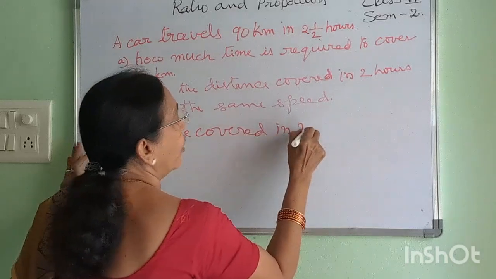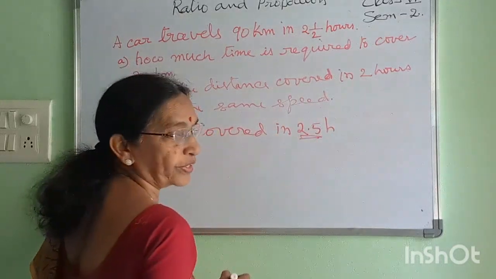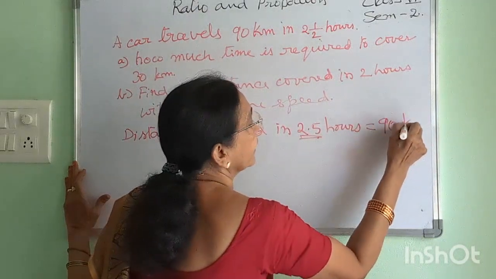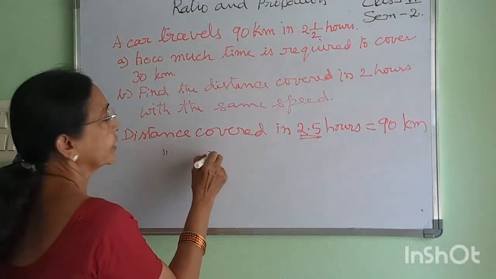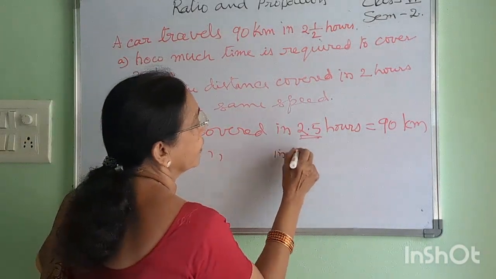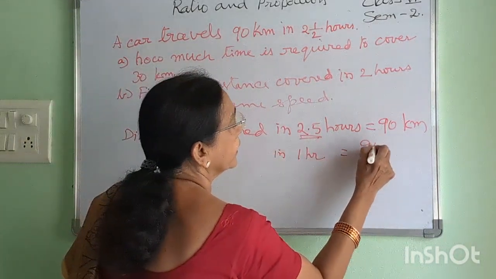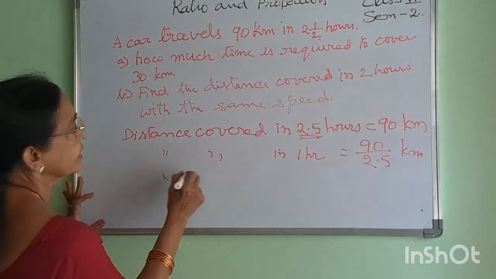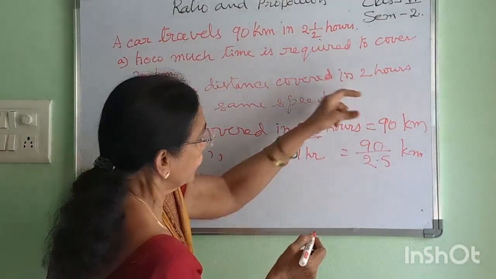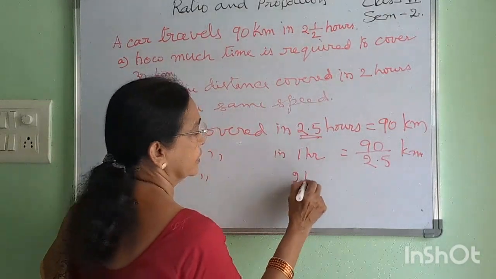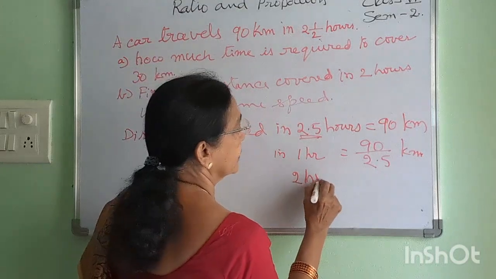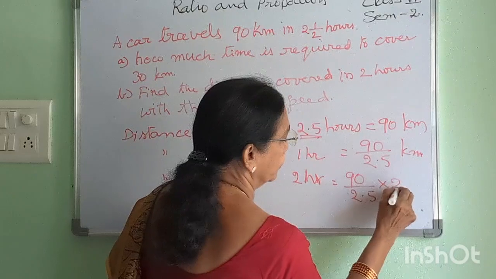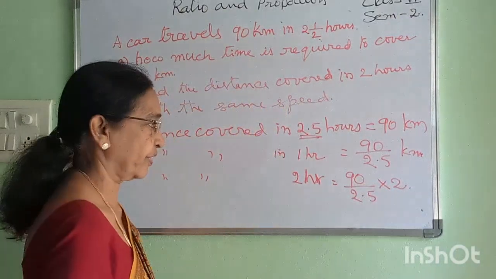For 2.5 hours the distance is 90 kilometers. Therefore distance covered in 1 hour is 90 by 2.5 kilometers. Therefore distance covered in 2 hours is equal to 90 by 2.5 into 2.